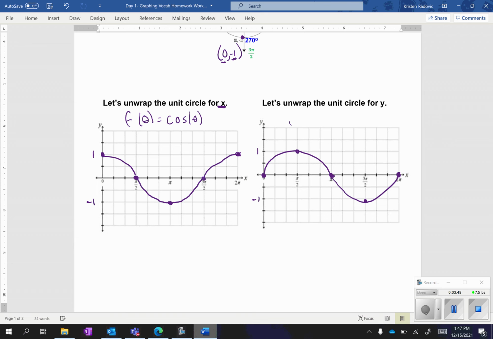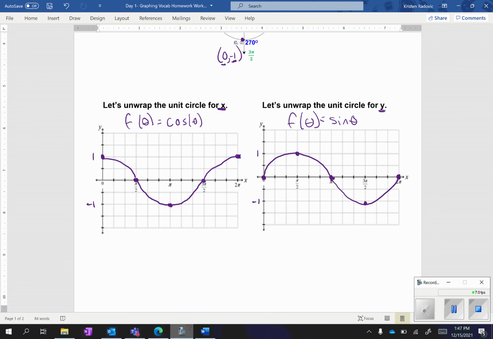And this one is our y-coordinate, and on a unit circle, our y-coordinate matches with sine. So now that's how we get the graphs of sine and cosine. And we should know that these graphs do continue on because they're periodic. You would just repeat the same formula, same pattern. This would continue up and down, up and down, up and down.